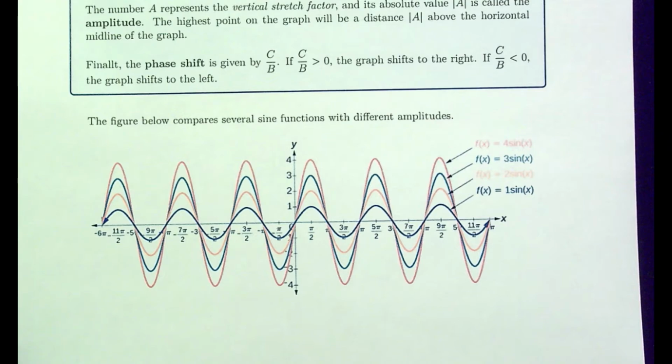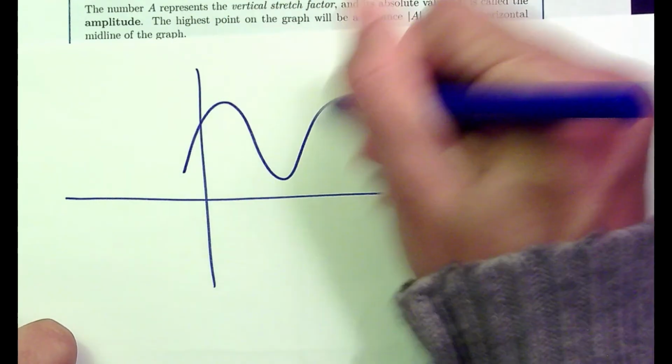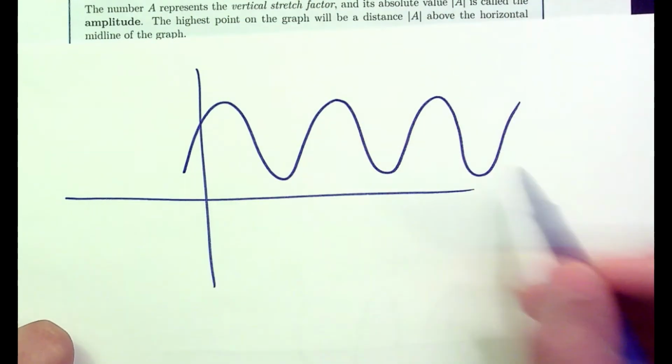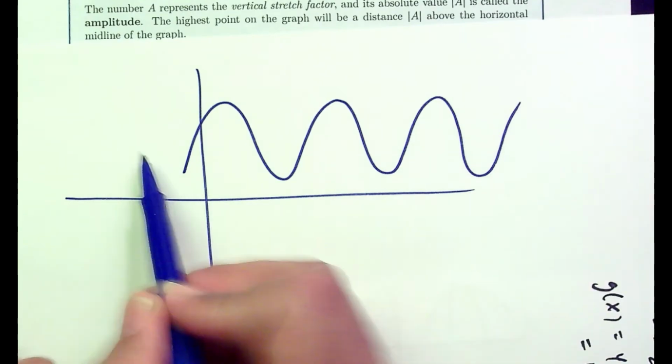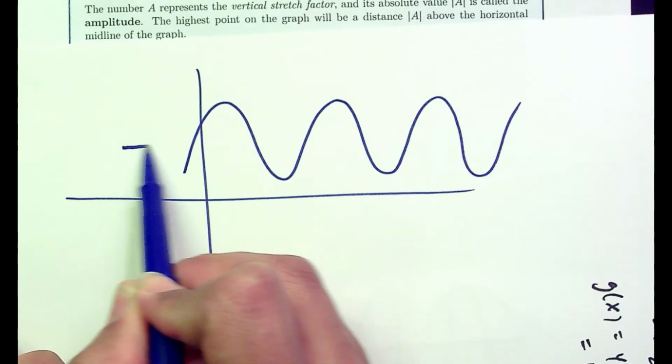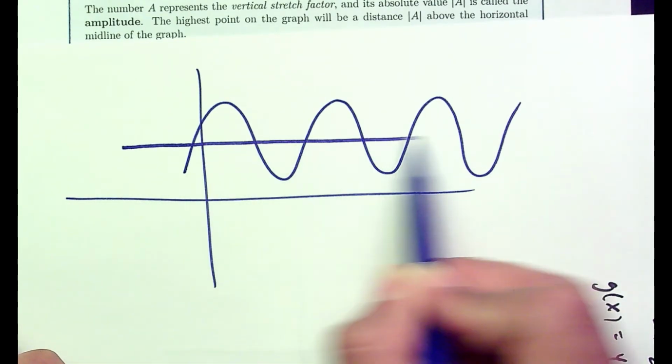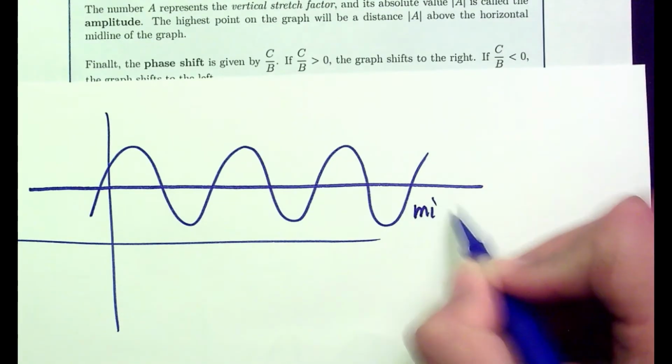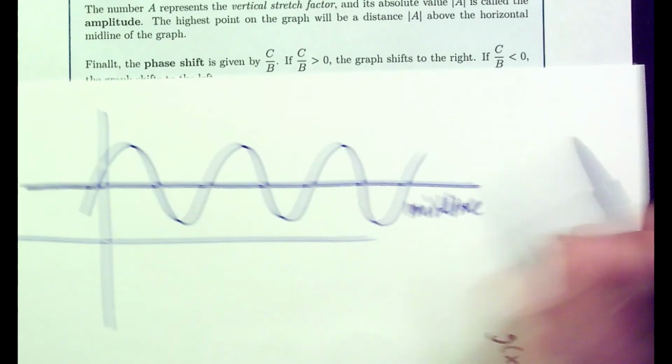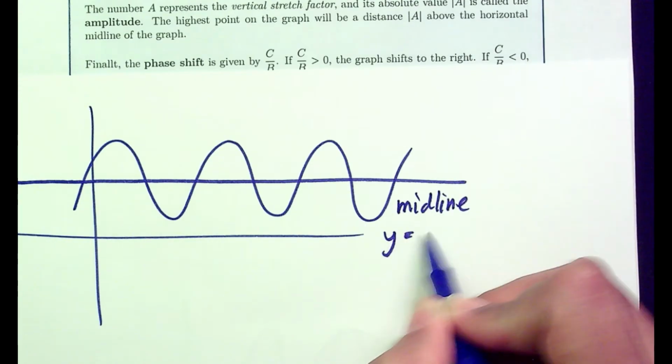Okay, so if you have a graph like this, let's say my graph is actually shifted up, then the equation of the line that passes right through the middle of all the waves is called the midline and has equation y equals d.